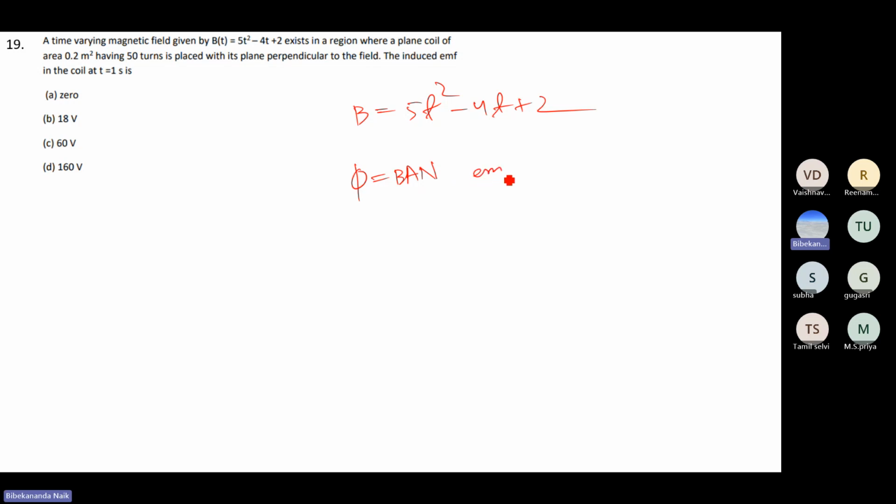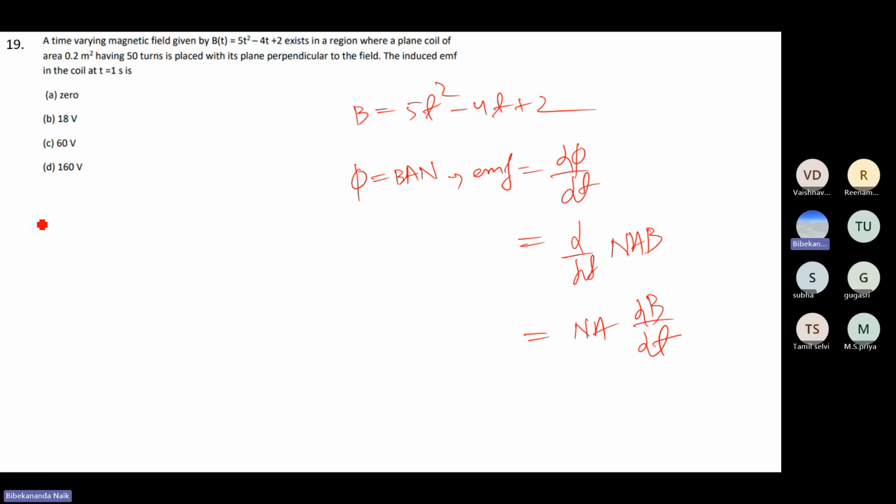So the EMF induced will be d phi by dt. So it will be d by dt of N A B. So N remains fixed. The magnetic field is varying with the time and the area is remaining fixed. So the NA is fixed, it will be dB by dt.